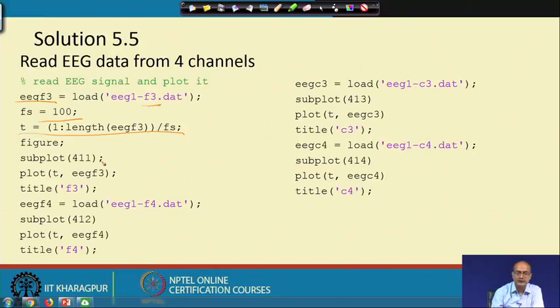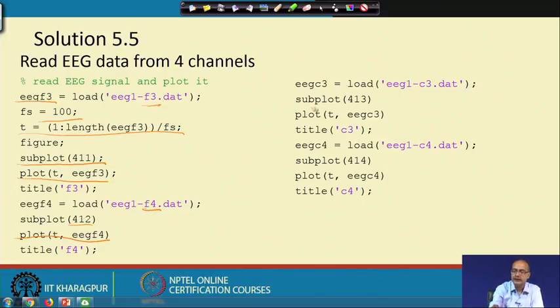To plot all the signals, we divide the plot area into 4 parts with the subplot command. First we plot F3, then we read F4 and plot it in the second location, or second row, we can say.